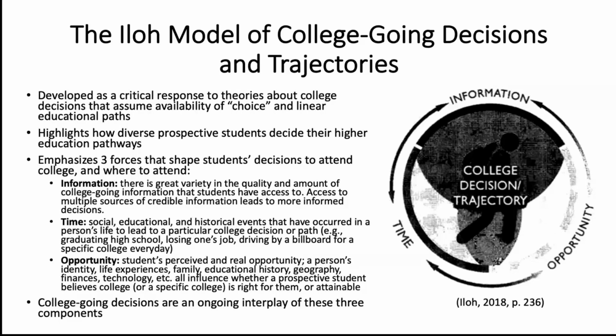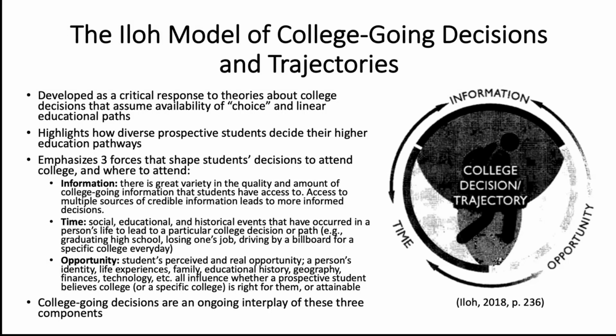And in particular, there are 3 different forces that interact and overlap in shaping students' decisions to attend college and where to attend. So these 3 major pieces of this model are information, time, and opportunity.